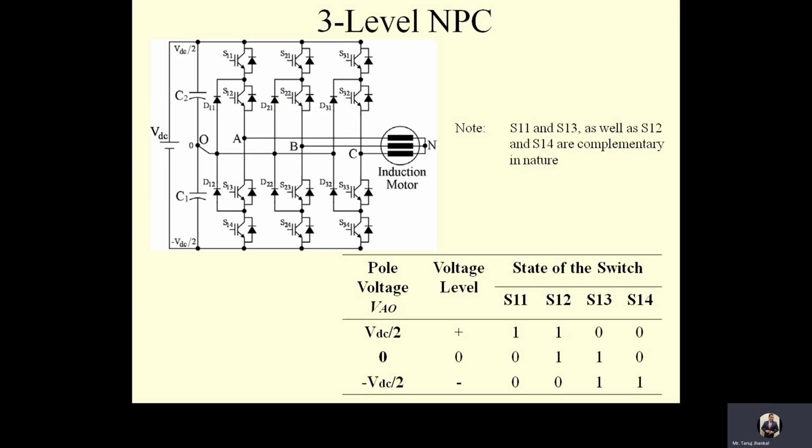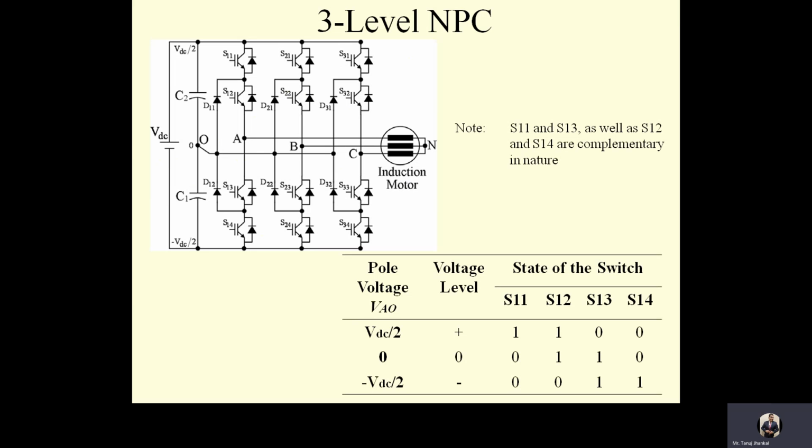Now, the key components that distinguish this three-level inverter circuit from a conventional two-level inverter are the clamping diodes: D11, D12 for leg A, D21 and D22 for leg B, D31 and D32 for leg C. The two diodes in each pole of the inverter clamp the switch voltage to half the level of the DC bus.